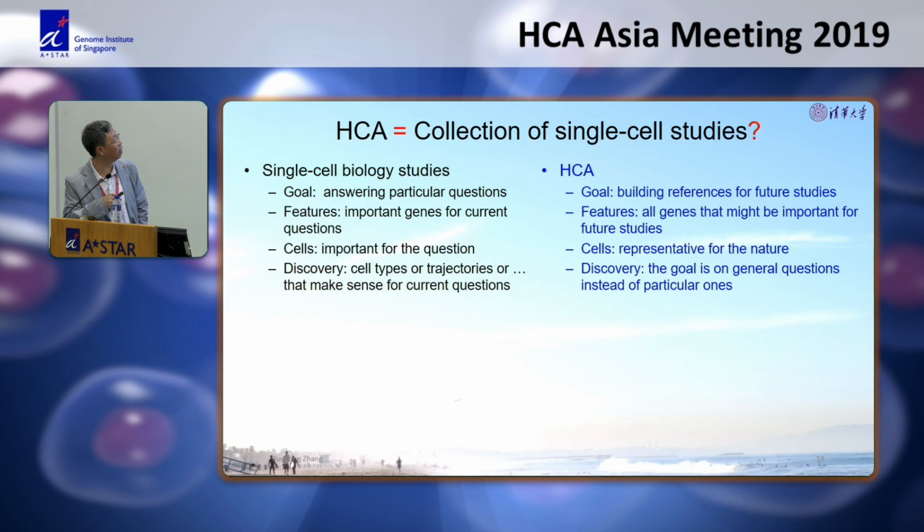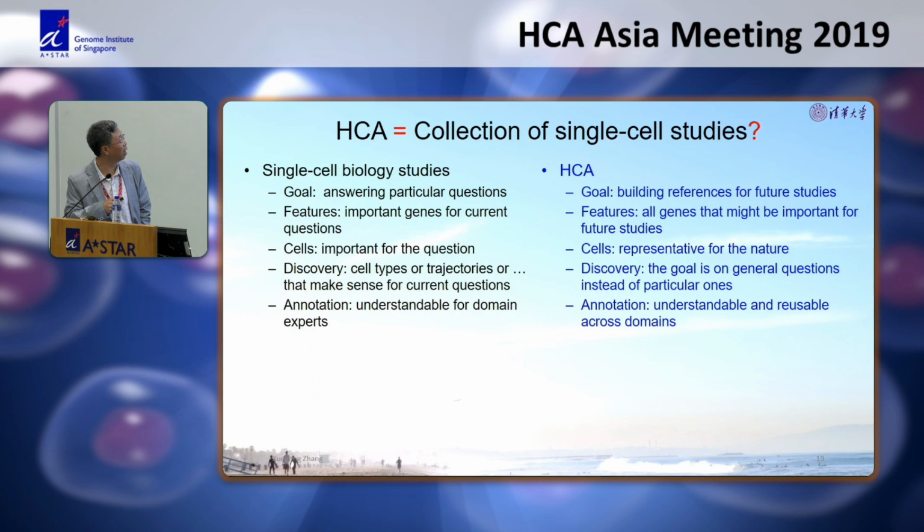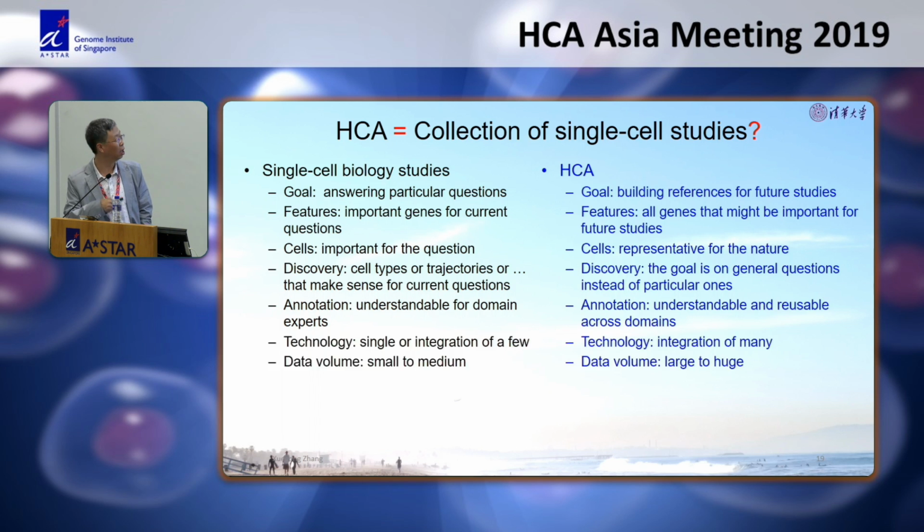And single-cell studies are only interested in the current question, and for HCA, the goal is for general questions rather than particular questions. And the annotation, it's okay as long as your annotation can make sense to your current readers in your field, but for HCA, we should have understandable and reusable annotation across domains and across time.